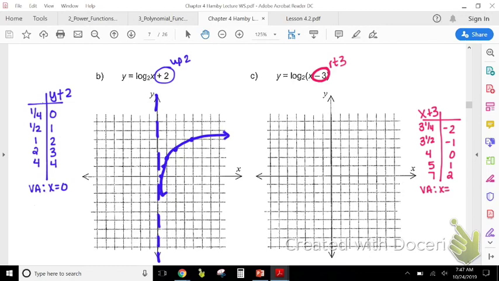What about our vertical asymptote? Yeah, it's also going to get added 3 because it's an x equals. So whatever we do to the x's, we're going to do to the vertical asymptote as well. And then let's graph it.